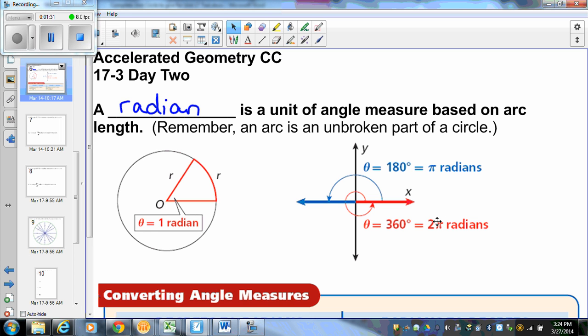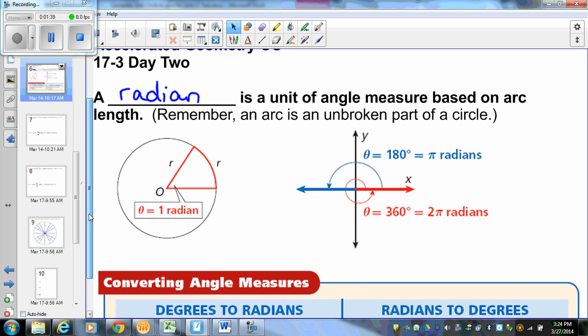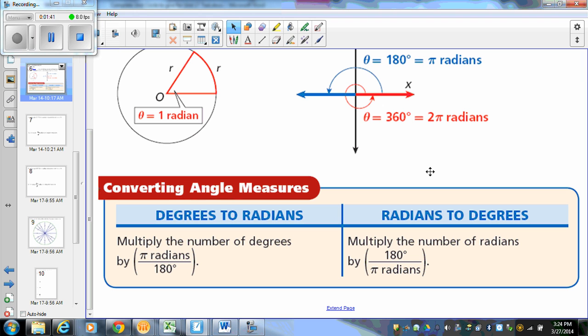And so therefore half the circle is only pi radians. So you're going to need to be able to convert between degrees and radians. And so we use the basic conversion that 1 pi radians is equivalent to 180 degrees. And we can use that relationship to convert any other angle measure.